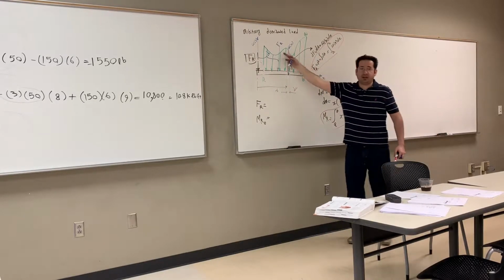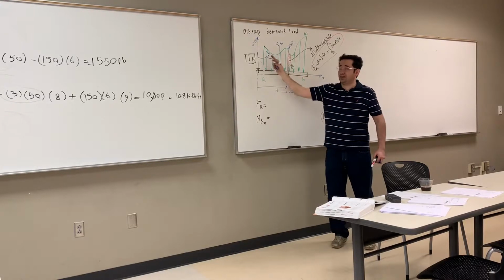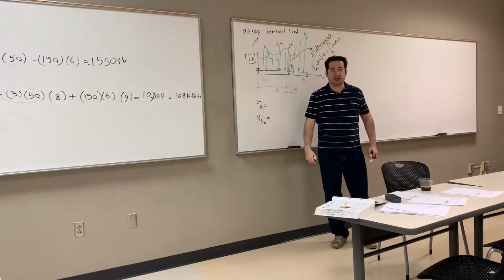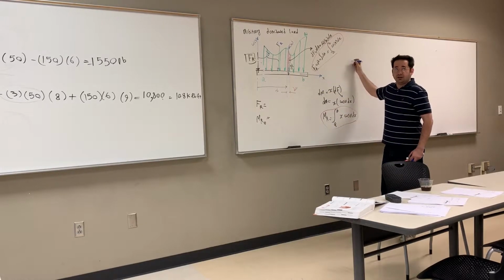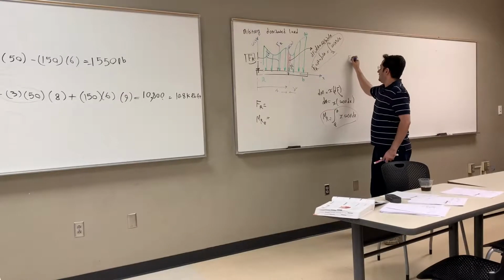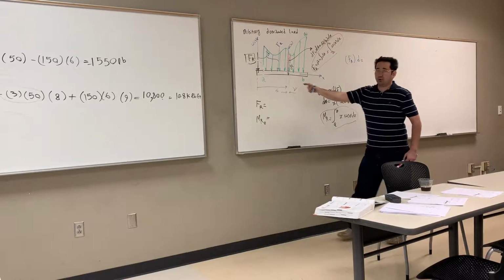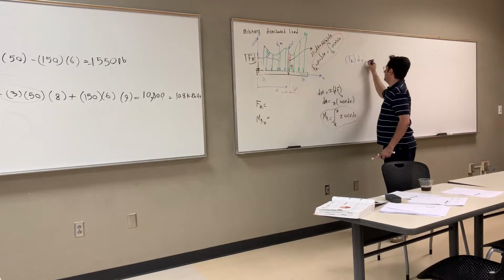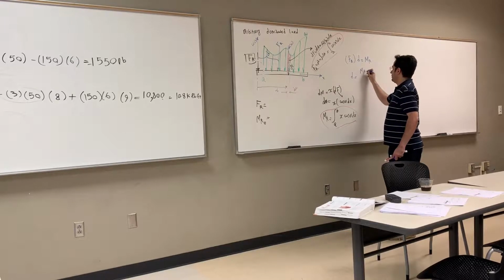So what should I write for that? If this force at this distance can generate Mr, a moment divided by the force. Yeah, so this force times distance, Fr times d, is equal to the resultant moment that we had before, Mr. Right? So d is equal to Mr over Fr.